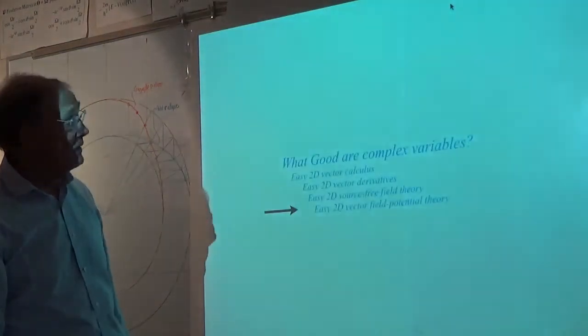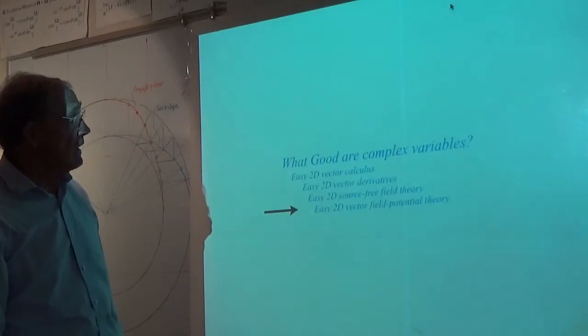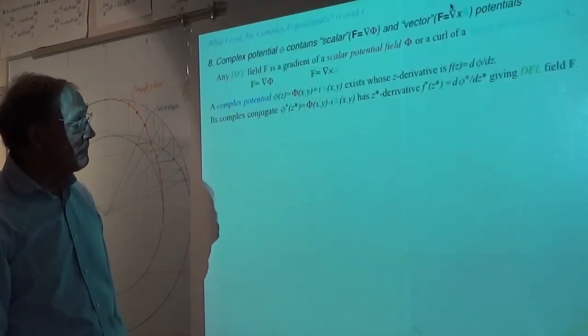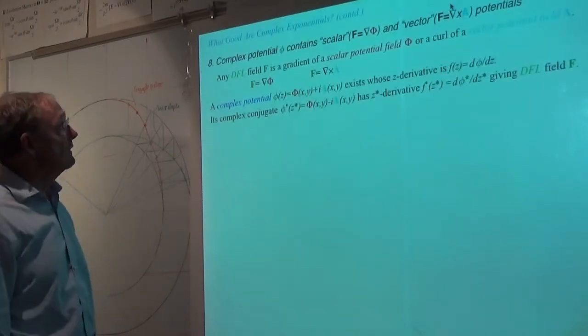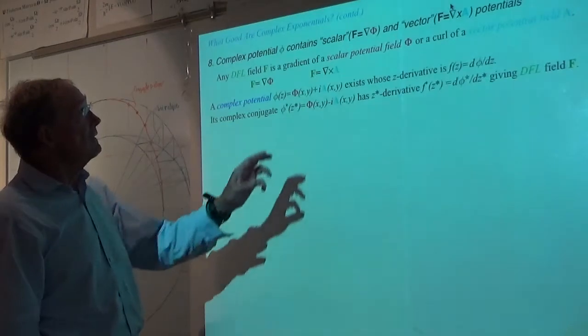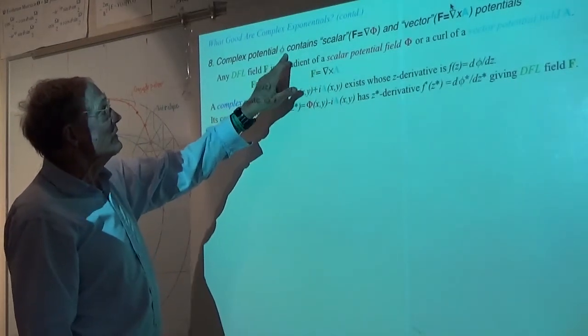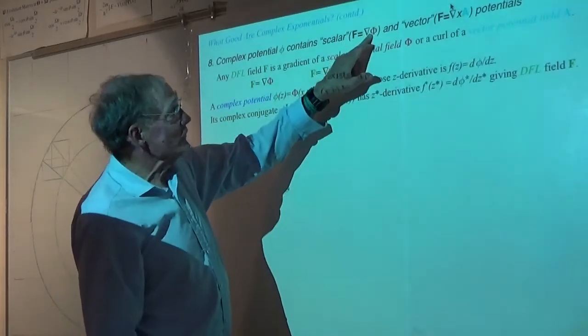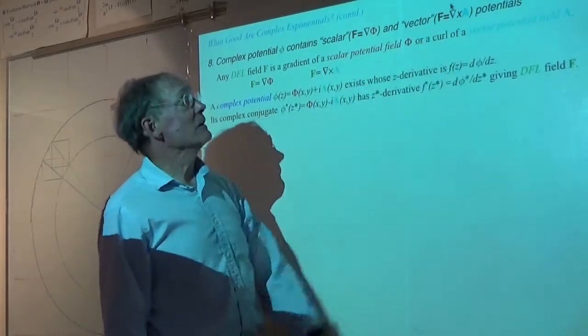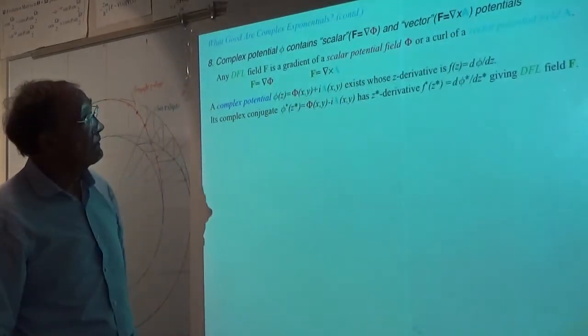Now, we've got a few minutes here to talk about the sort of potential that goes with one of these things. And that's what's really cool here, a complex potential that is a potential that contains both the scalar and the vector potentials. Okay?